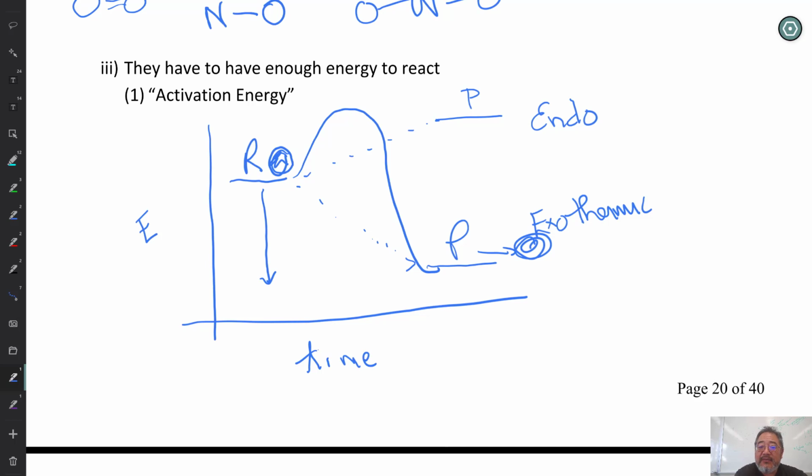Well, you think to yourself, well, that's spontaneous. I mean, that ball should be able to roll down the hill, but what you don't think about in this analogy is somebody's got to push the ball to get it started. And the pushing of the ball constitutes an activation energy, and that energy is this, okay? And so the bigger that hill is, the higher the activation energy, the slower the reaction will go.